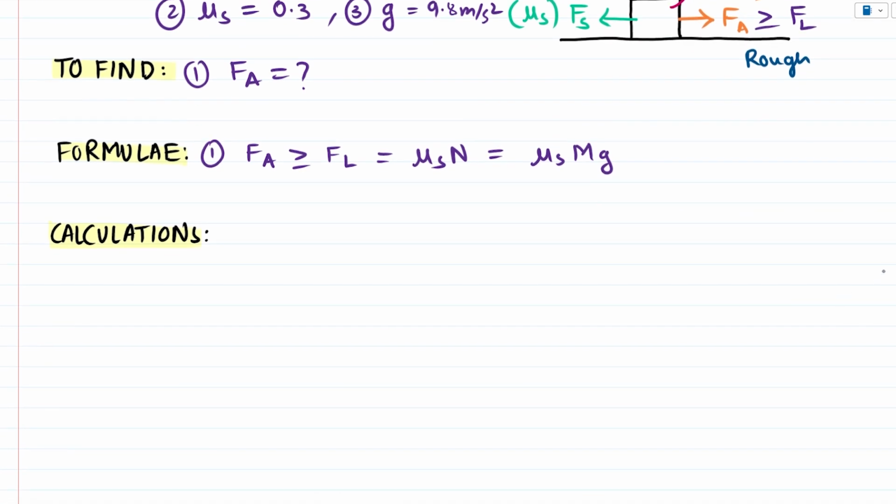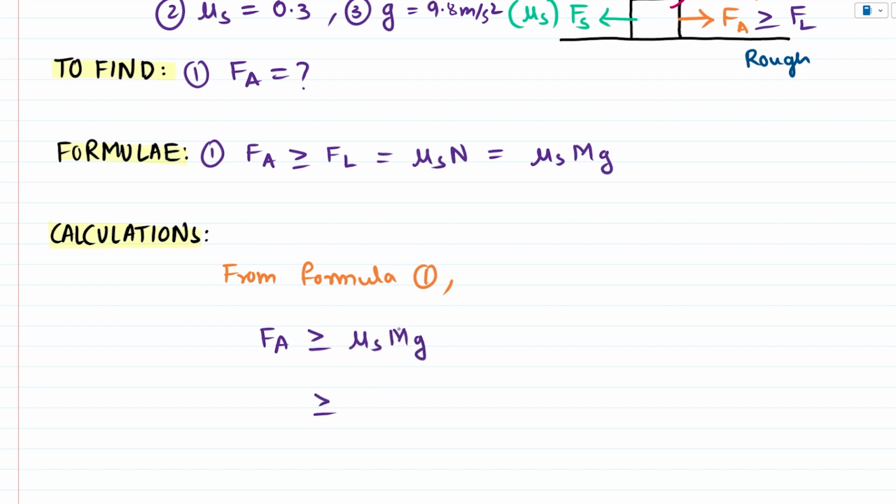So from this I can say that from our formula 1 we get the minimum or the least force which we need to calculate. So least required force is greater than or equal to μs times m into g.